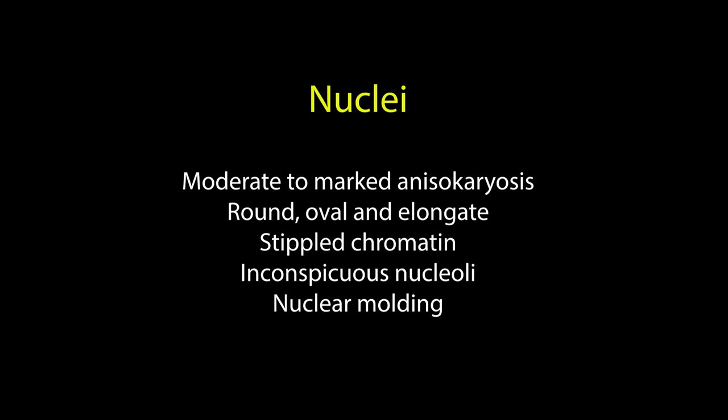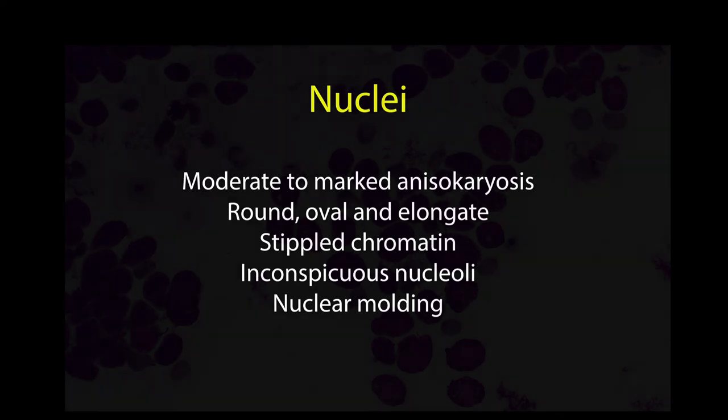The nuclei are often a mixture of round, oval and elongate nuclei in the one case. They tend to have very hyperchromatic nuclei with stippled chromatin, so dotty, and what we call inconspicuous nucleoli, so they're sometimes apparent, but they're not large. And a key feature is nuclear moulding, so nuclei wrapping around each other.